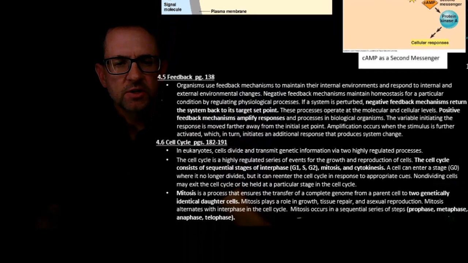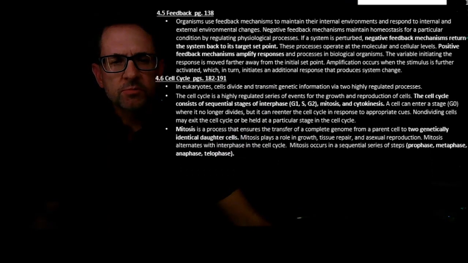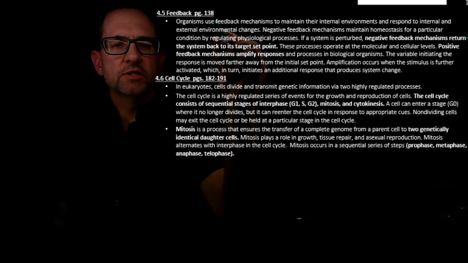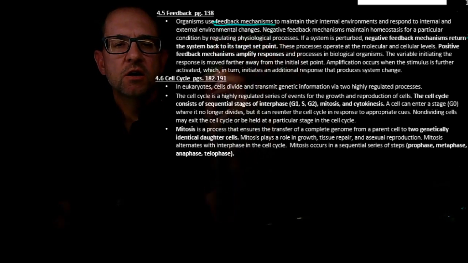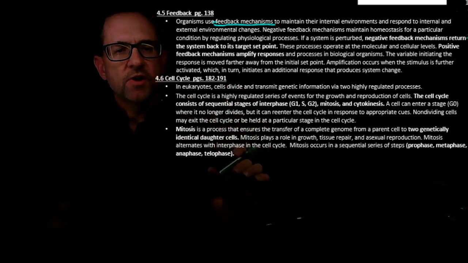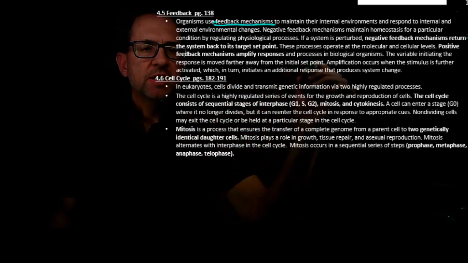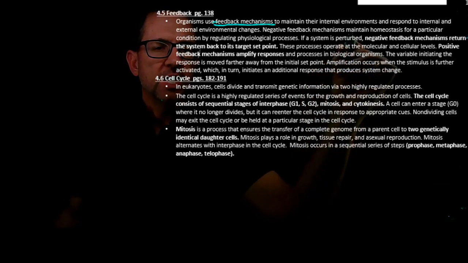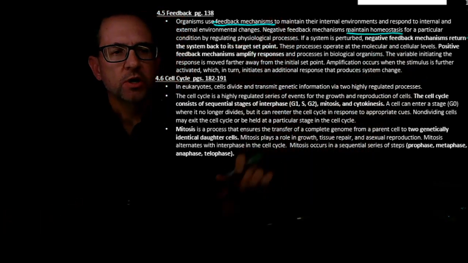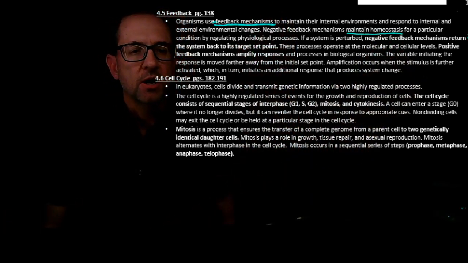Let's scoot this up. Organisms use feedback mechanisms. All right, that's another important part of this test I don't think was covered in the sketch notes that we did yesterday. To maintain the internal environment, keep in mind, basically internal environment is maintaining homeostasis. Homeostasis is we want to keep things the same. If it goes up, we bring it back down. If it goes down, we bring it back up.